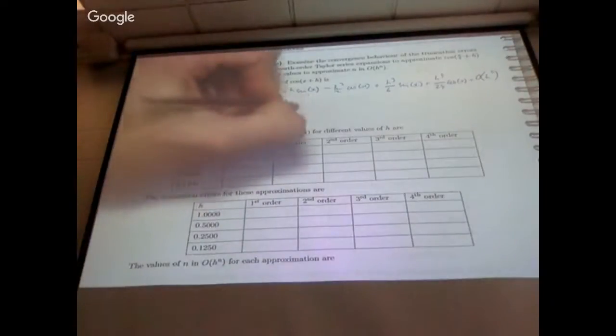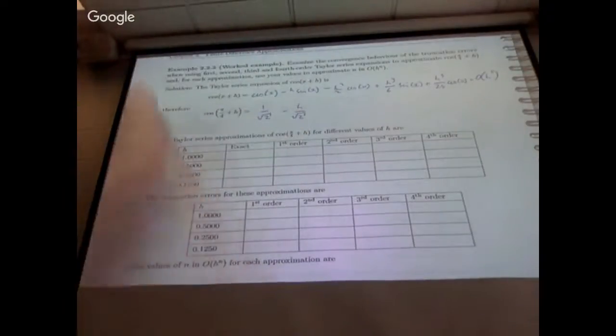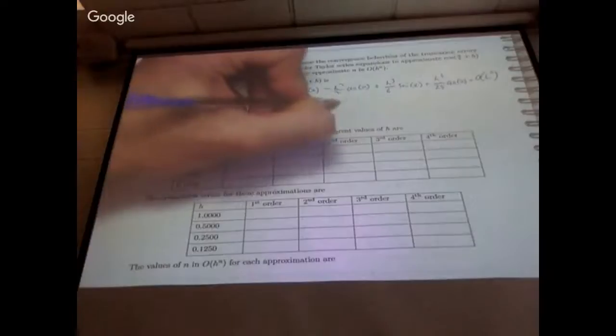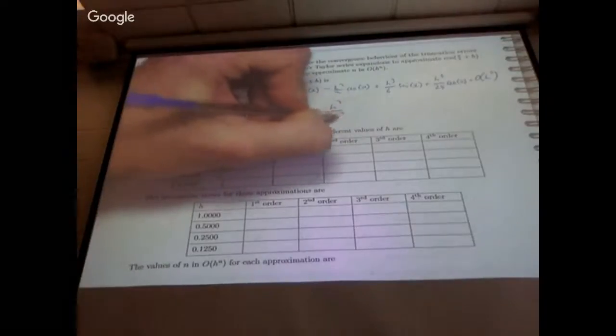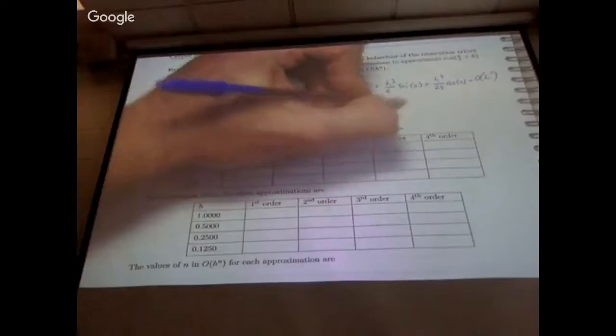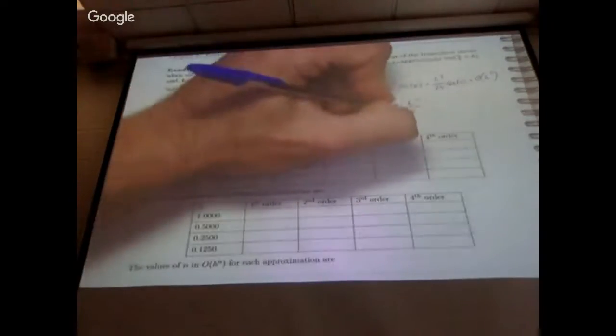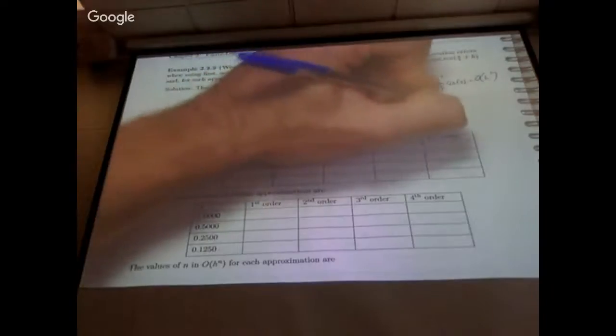Okay, so then we've got minus h times 1 over root 2, minus h squared times 2 over root 2, that's h cubed over 6 over root 2, h to the power 4 over 24 over root 2.